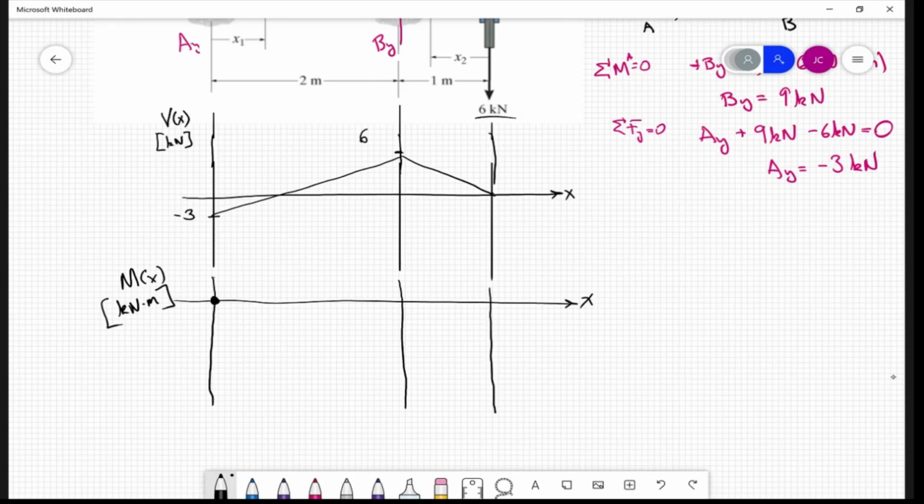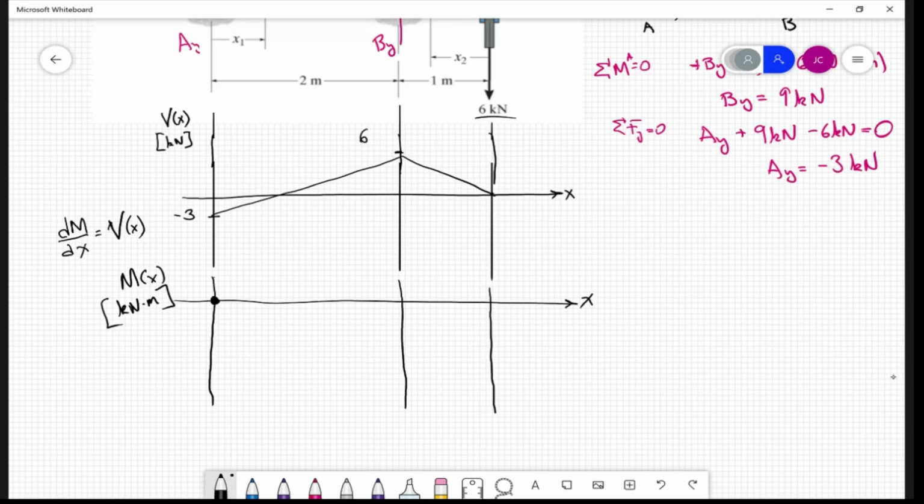The slope starts off as negative and then becomes positive, because remember, the derivative of the moment is equal to the shear curve.